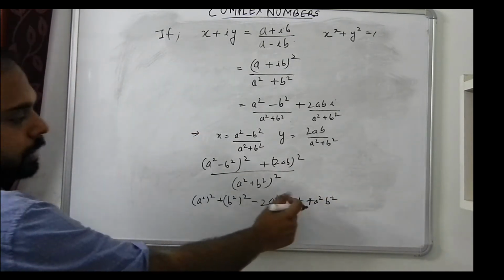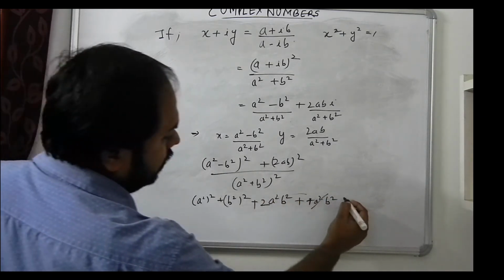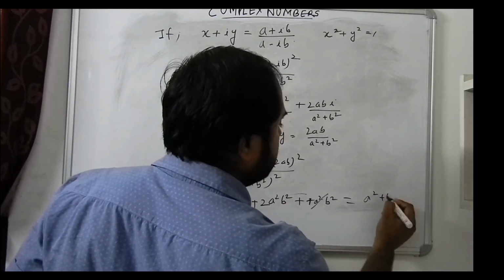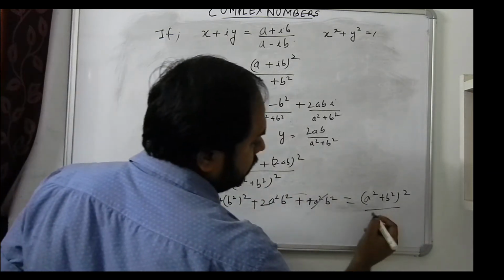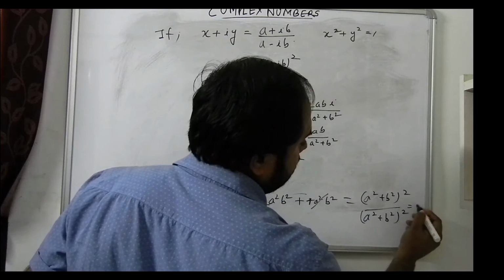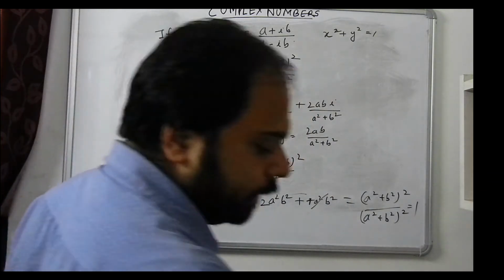So this cancels out, and this becomes plus 2, and this is nothing but a square plus b square whole square, right? That is the numerator and the denominator is the same, so this divided by a square plus b square whole square is equal to 1. So whenever I have this thing, I know that x square plus y square has to be 1.